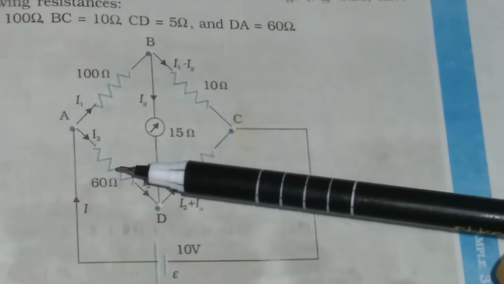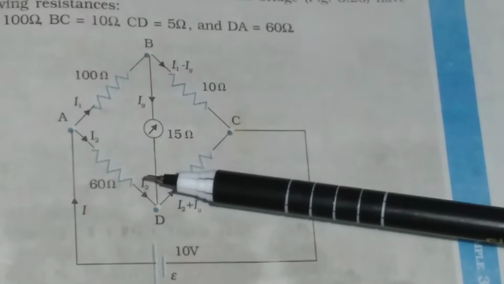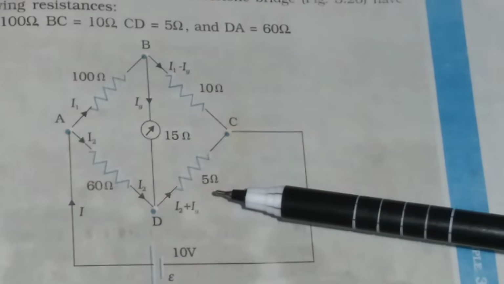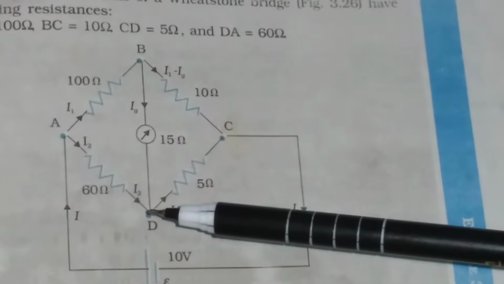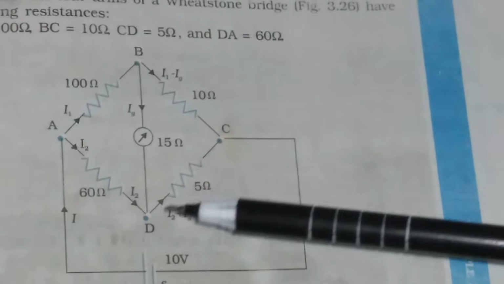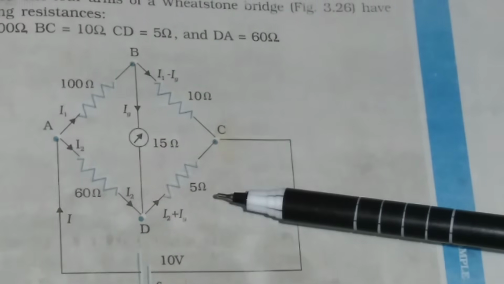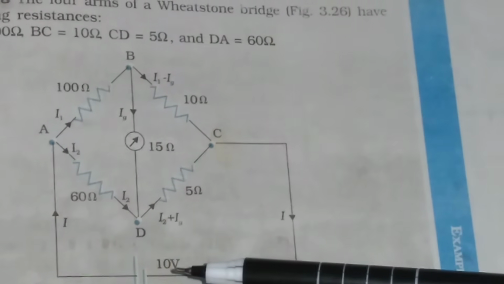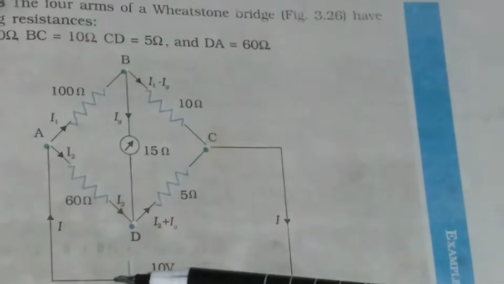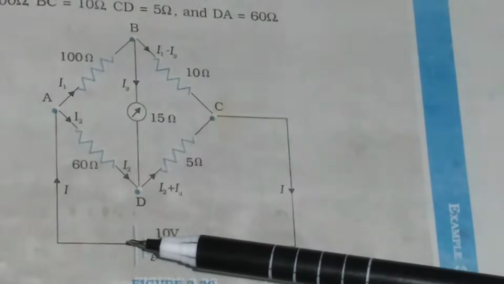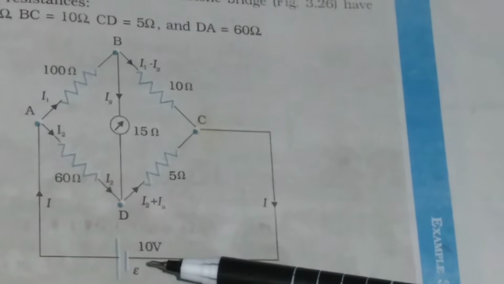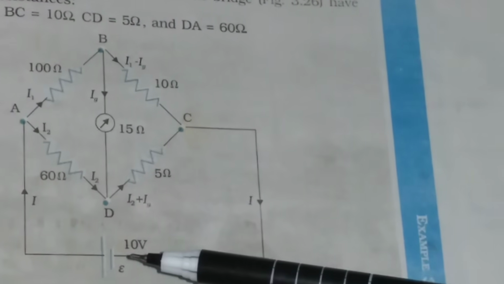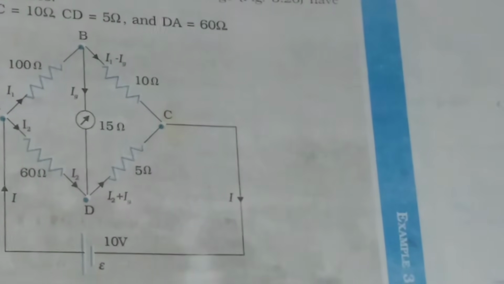So 60 I2 then plus 5 into I2 plus Ig, because there is a voltage rise. And for the 10 volt source, there will be a voltage drop, because from plus to minus there is a voltage drop, so this will be negative. So minus 10 volt equal to 0.